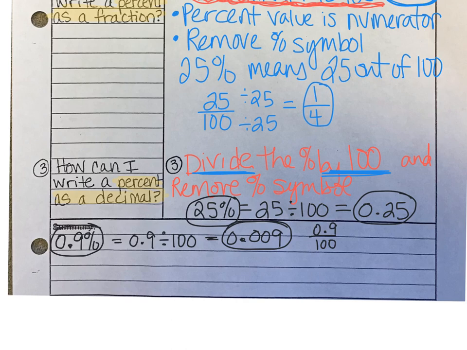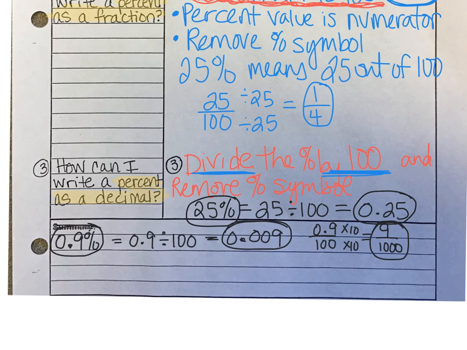So to get rid of that decimal, you could multiply both the numerator and denominator by 10, and this will show you that 9 out of 1,000 is the equivalent fraction that goes with the 9/10% in its decimal form.